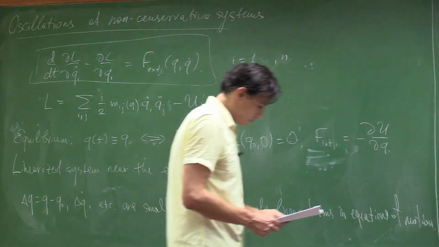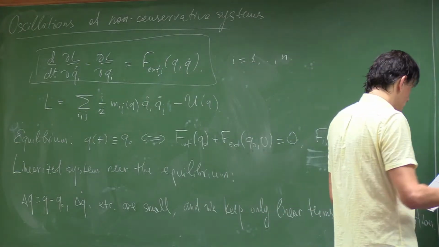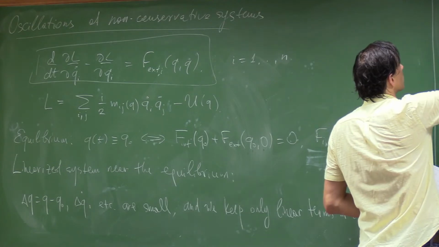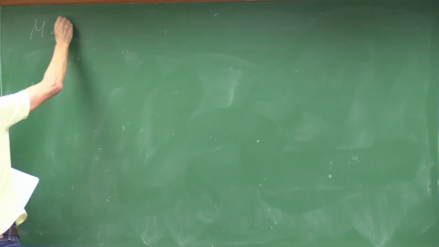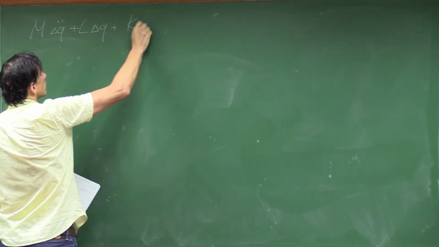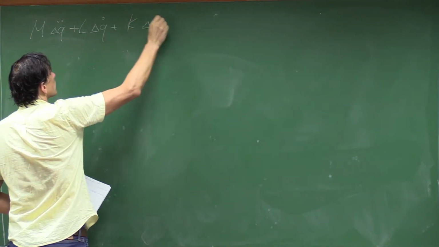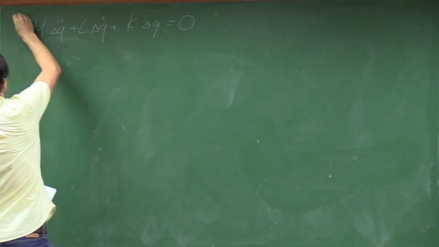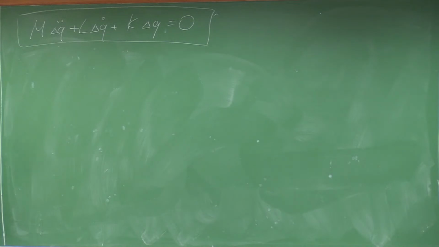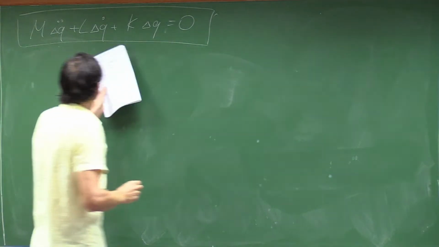So when we do this, we get the linearized system, and it has the form M delta q double dot plus L delta q dot plus K delta q equals 0. So this is a linearized system. And let me recall what the matrices are.